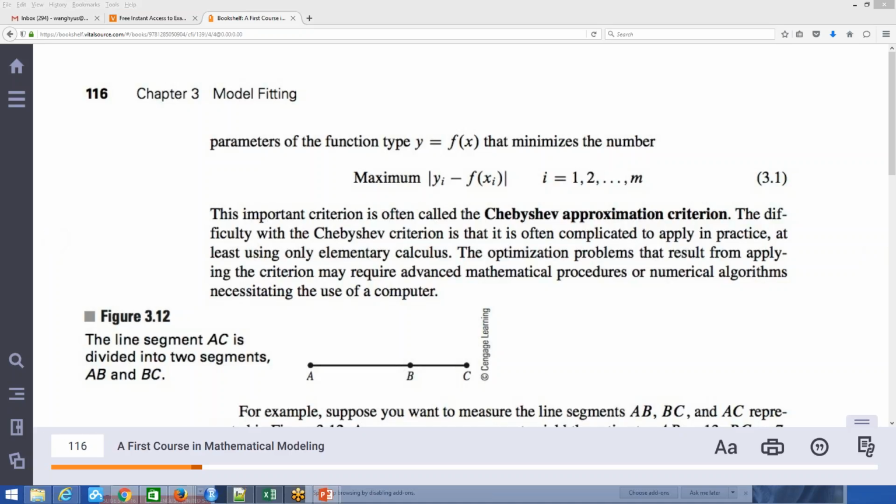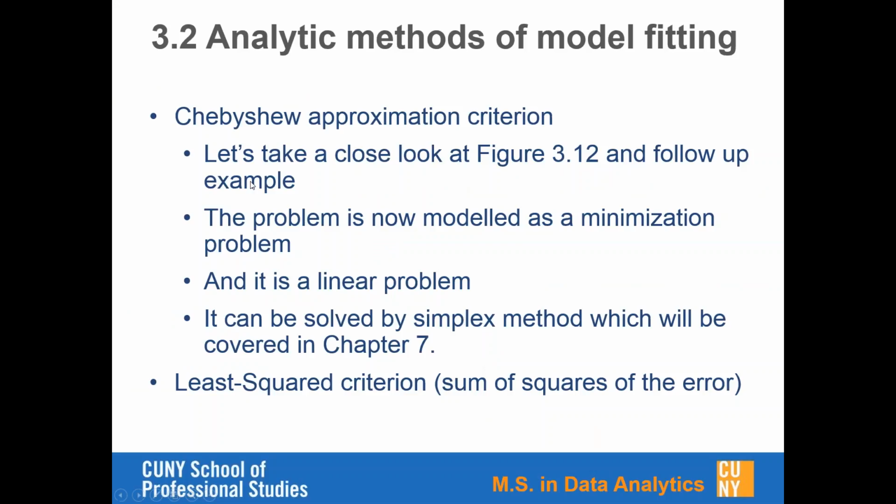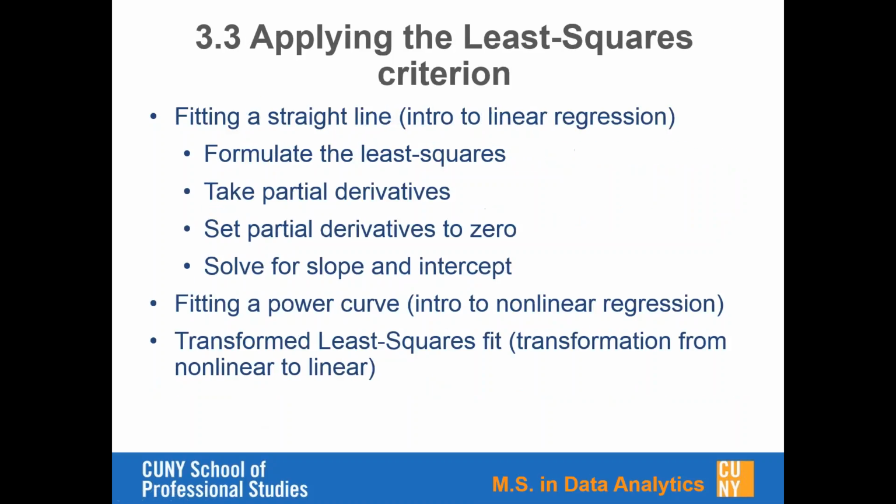Okay, that's great. So let's continue. Here on this page we just briefly went through the example, and I also want to point out that the least squares criteria is the sum of squares of the error. It's the foundation of linear regression. To fit a straight line, an introduction to linear regression, you formulate the least squares, take partial derivatives, set them to 0, and solve for the slope and intercept.